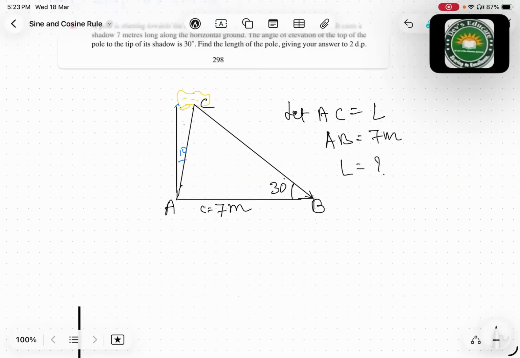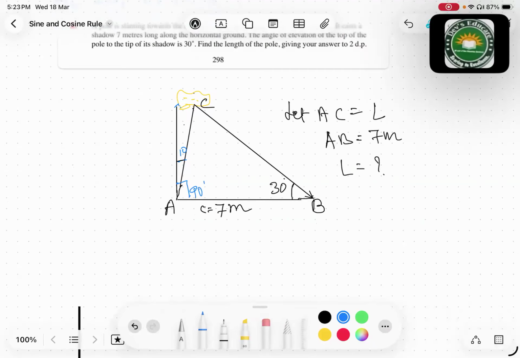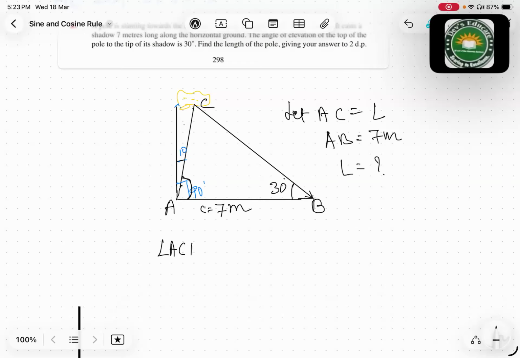One more thing we can do: since this is 10 degrees, and the vertical angle is always 90 degrees, this angle will be 90 degrees minus angle ACB, which is 90 degrees minus 10 degrees.